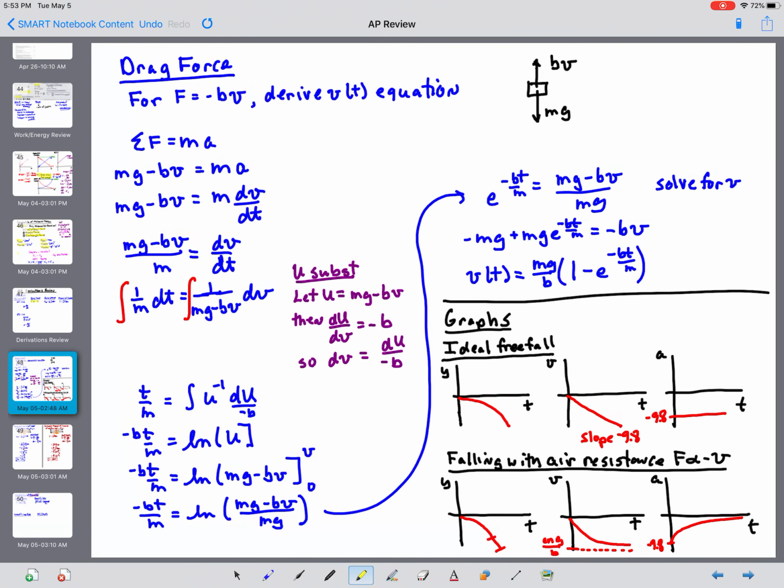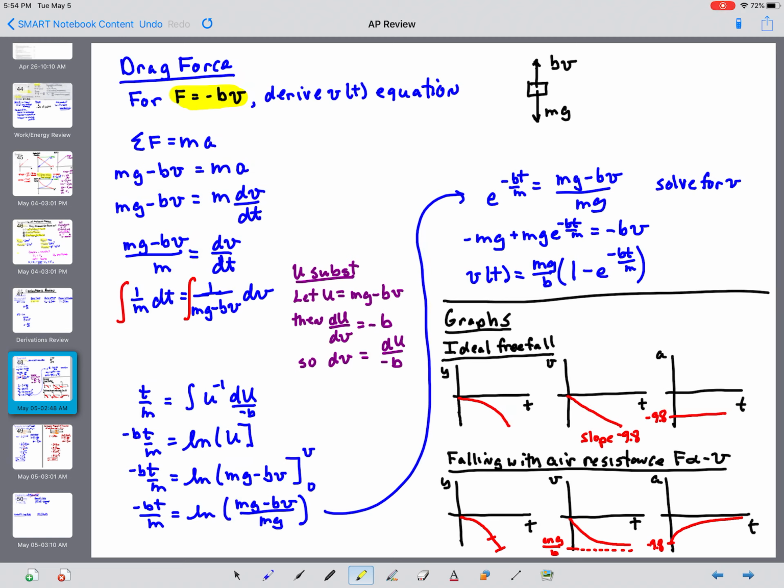So, drag force. I set up and solved down a drag force derivation here for basically an object that is falling, where that drag force is equal to negative b times v, or that drag force is proportional to the negative velocity, and we want to derive an equation for v of t.